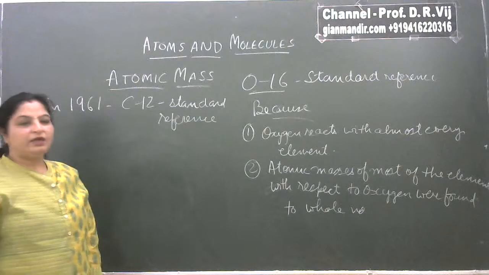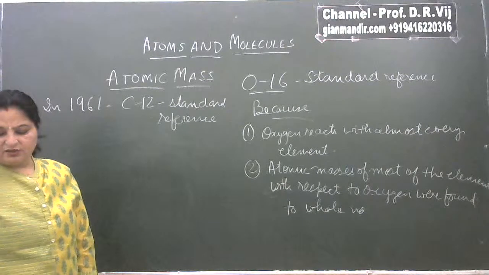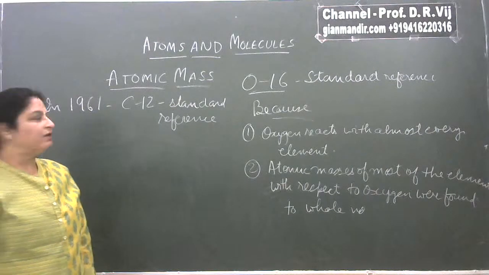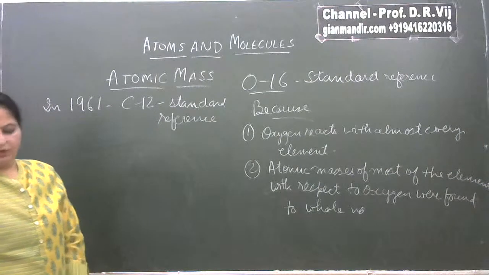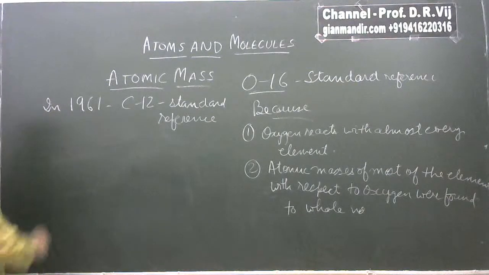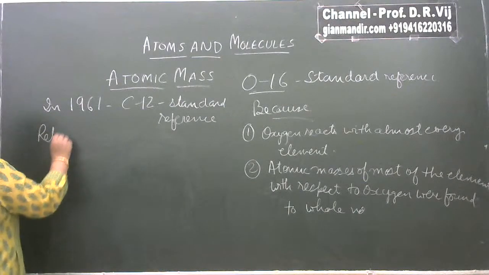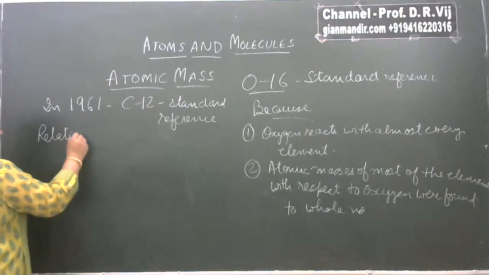And now every atomic mass is measured with respect to the carbon-12 isotope. So as the masses are with respect to the carbon-12 isotope, these masses are known as relative atomic masses, right?